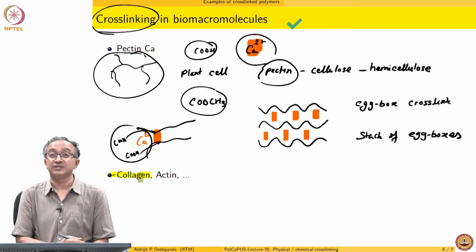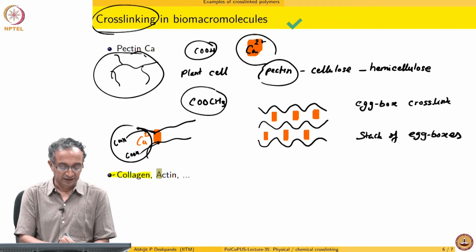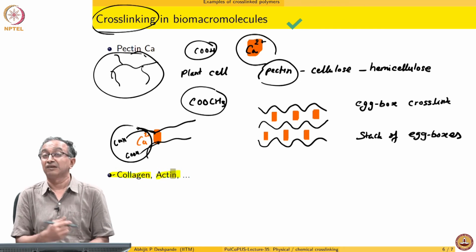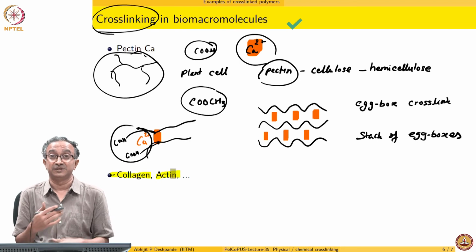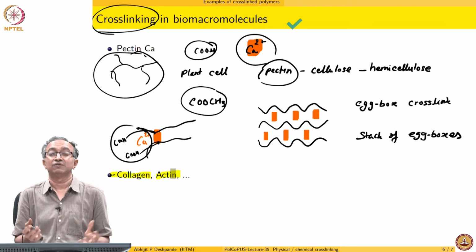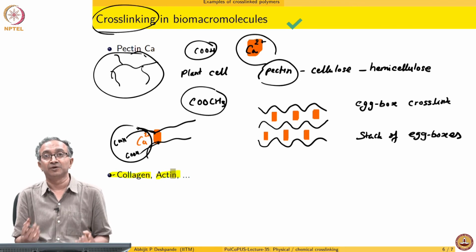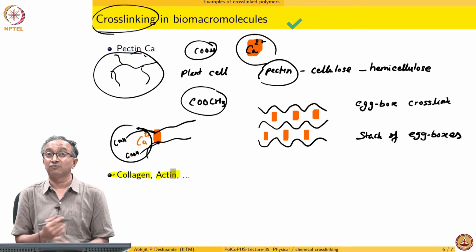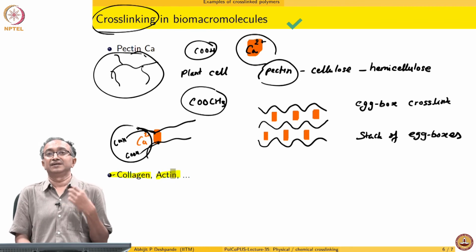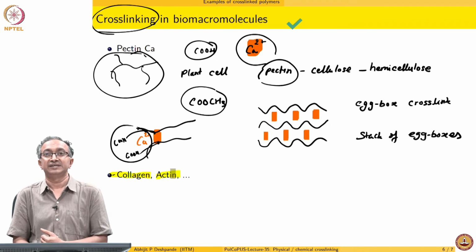So what kind of cross-linking is there in collagen? Or actin, which is again part of the cell wall and the cytoplasm. How cross-linking in these kinds of systems is very influential in determining the overall performance, and quite often the elasticity is induced based on these cross-linking networks.